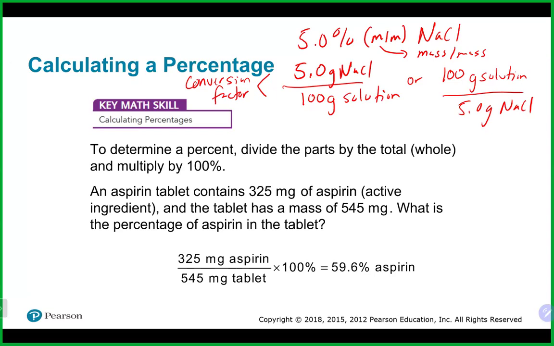How would you do that? Obviously we'll do more examples, but let's say that we wanted to know how many grams of sodium chloride there was in 250 grams of a solution. If we know that there is 250 grams of the solution, and we want to know how many grams of sodium chloride there would be, we want to get rid of the units of grams of solution.